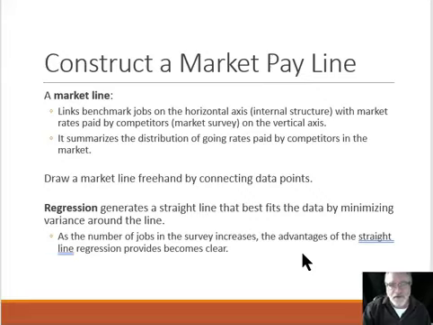When we're dealing with a small amount of data, a small amount of comparisons in the marketplace, it's not going to look very much like a line, and we're going to see large deviations away from that line. So the amount of data that we have can influence how good our statistical analysis is for decision making.